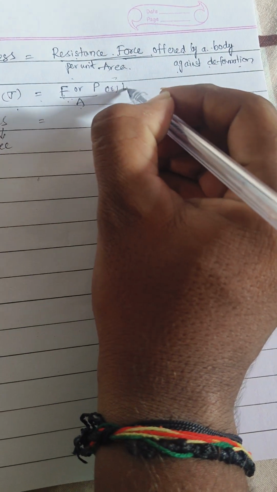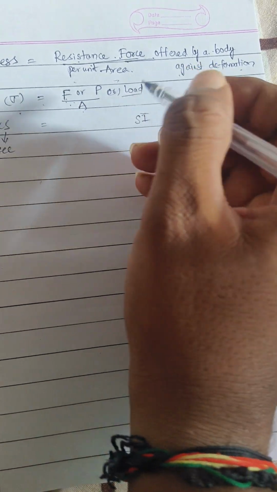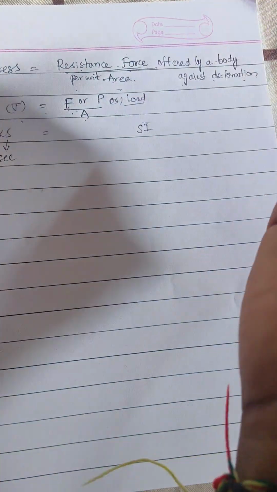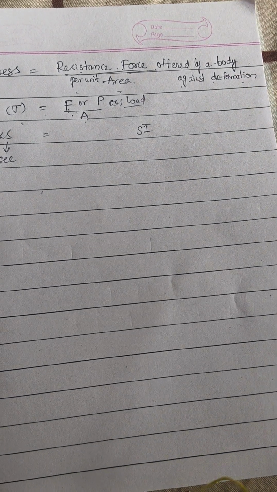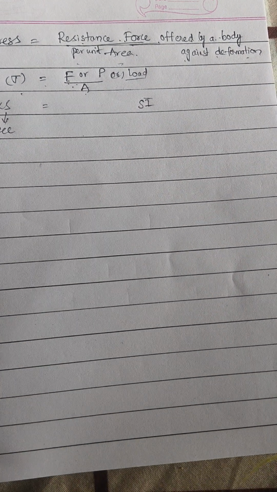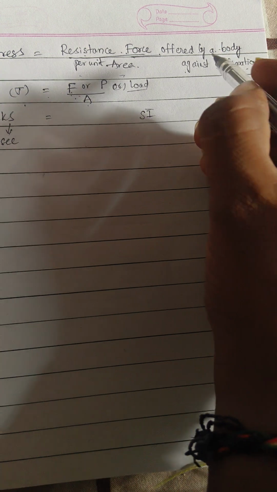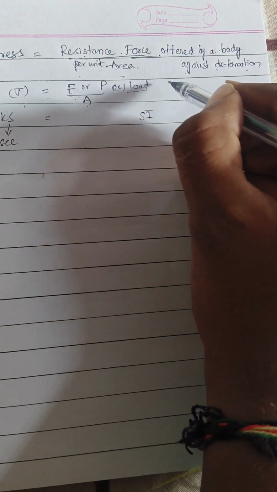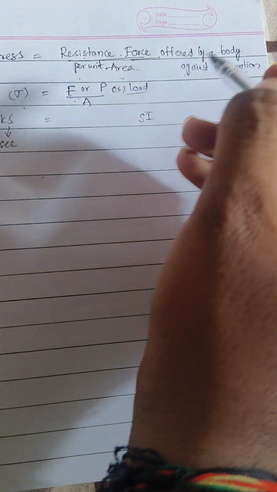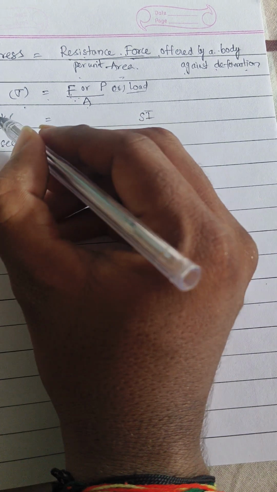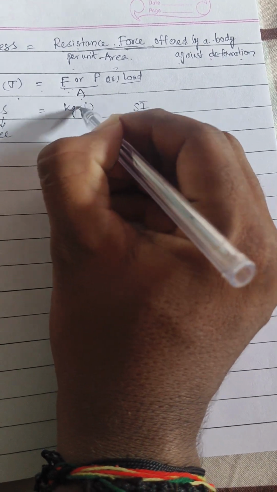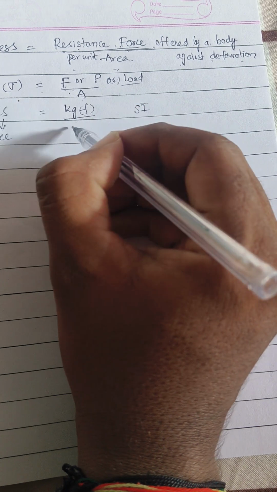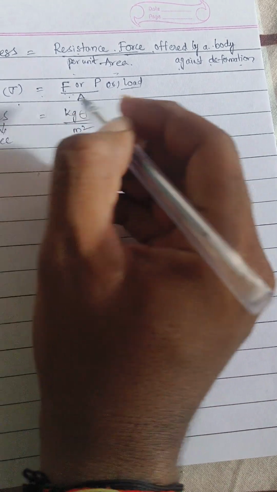Simply say, you can also say load. So the load is offering resistance force against a deformation, so something is acting on it, so that is a load, the force. So here in MKS system, for the unit we have kg force per area, meter square.